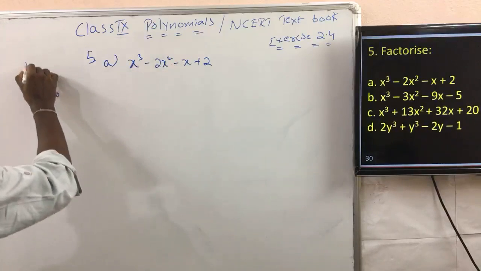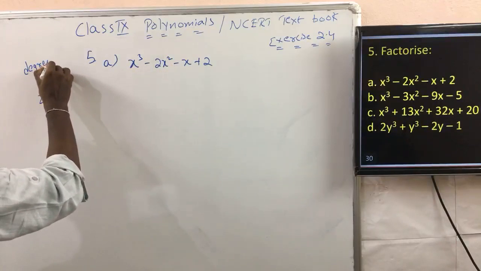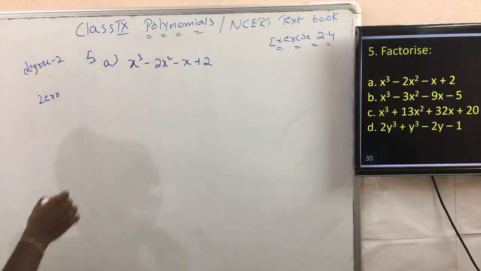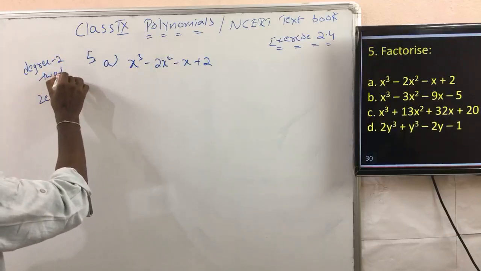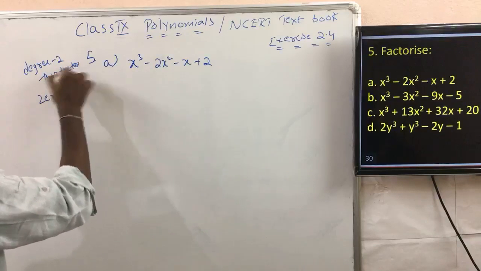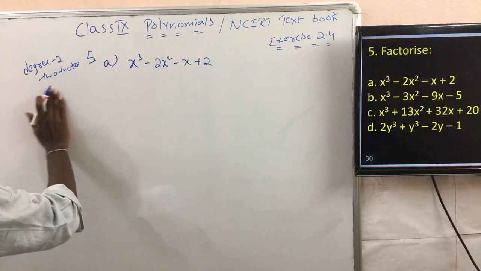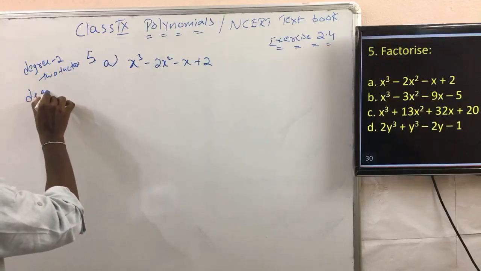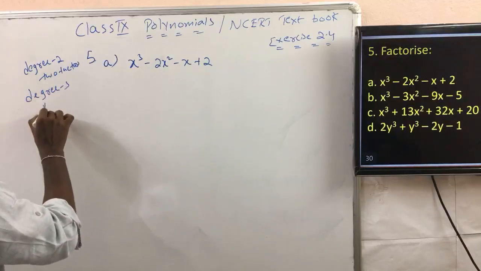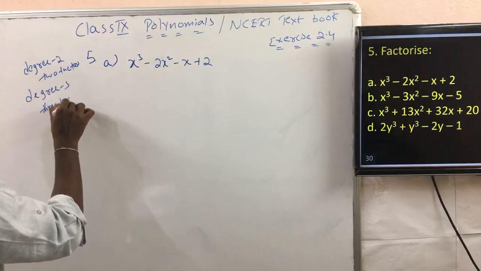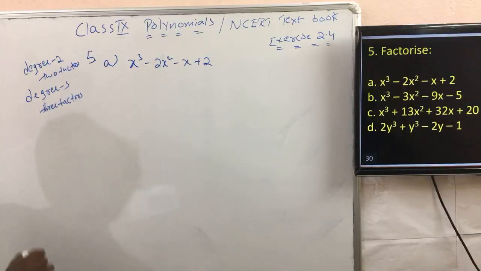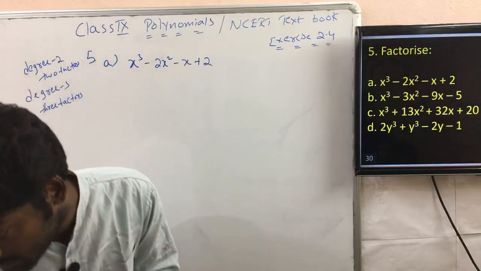If the degree of the polynomial is 2, that is nothing but quadratic, so we have 2 zeros and 2 factors. But now the degree of a cubic polynomial is 3. So we have 3 factors, nothing but 3 zeros you will get, 3 zeros for the cubic polynomial.